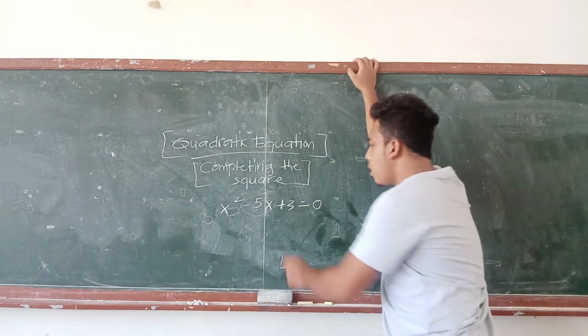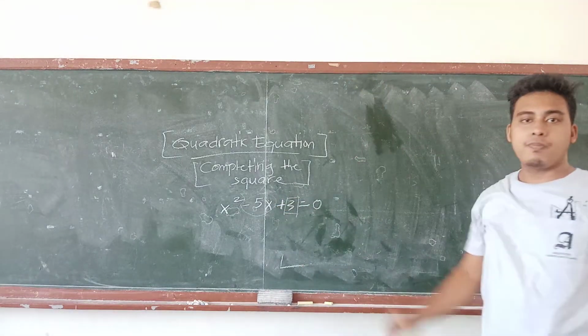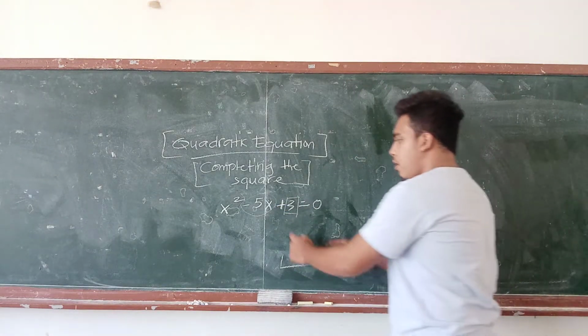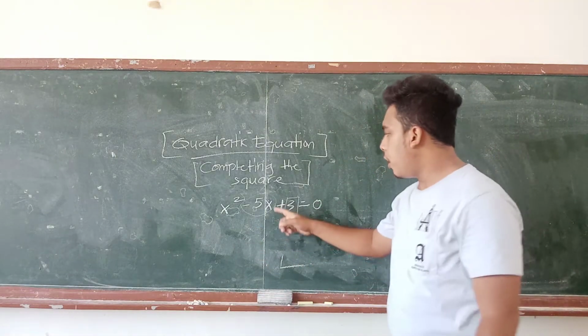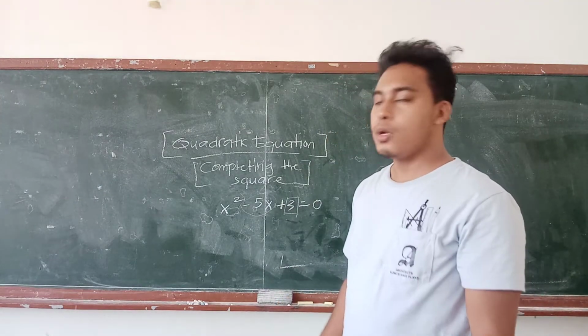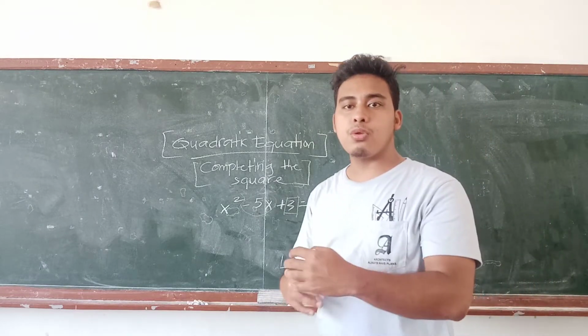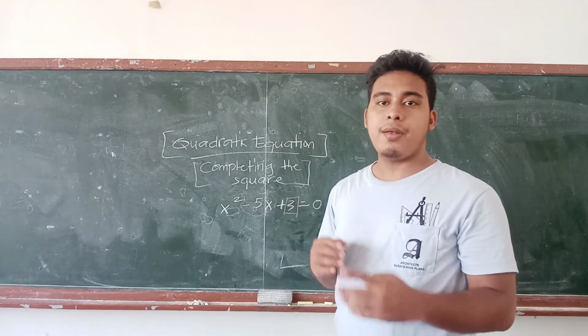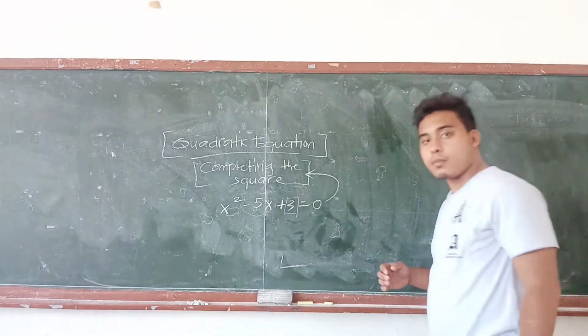The factors of 3 are only 3 and 1, and any way we divide, add, or subtract them, we cannot get the middle term, the linear term. So that's the time we need to divert into another process, which we call completing the square.